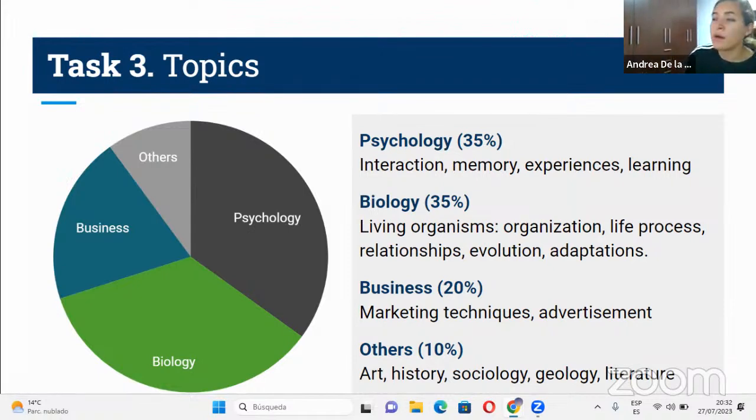And they will talk about how they organize their life processes, how they relate among each other, how they have evolved, how they have adapted to certain changes to the environment, how they catch their food, how they escape from predators, how they survive, how they find food. So that is the type of thing that you will see in biology. Plants and animals, okay? Mostly adaptations.